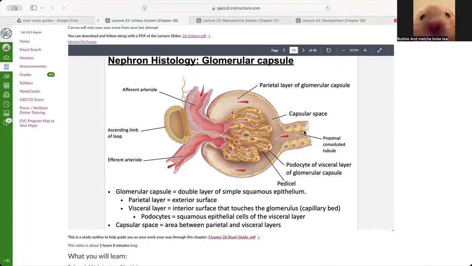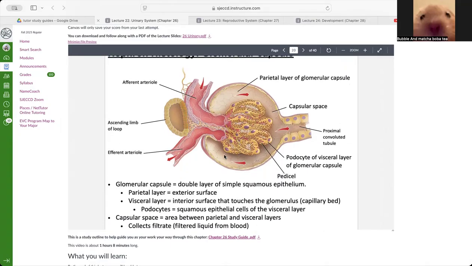Between the parietal and visceral layers is the capsular space. It collects the filtrate that the glomerulus filters out of the blood: liquid from the blood minus cells. So we have the parietal layer outside and the visceral inside. Podocytes are over here, and the capsular space is over here, which collects filtrate.